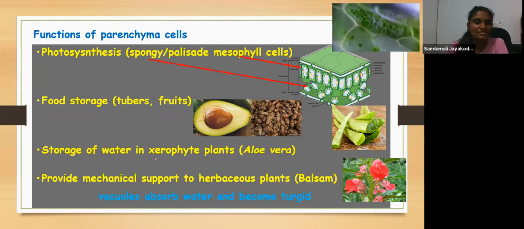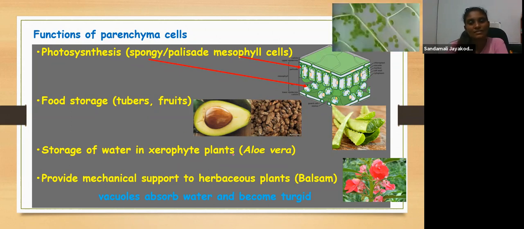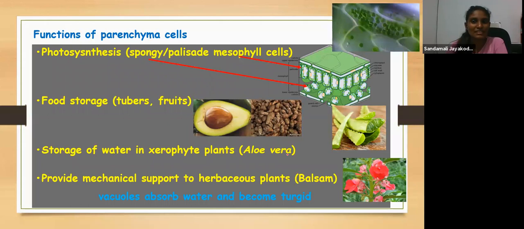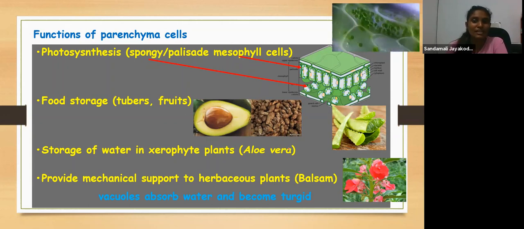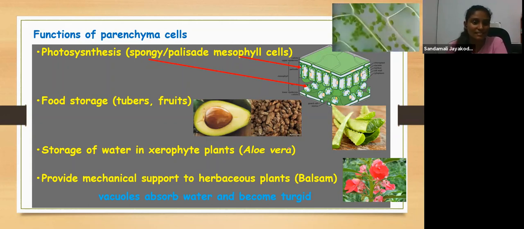So then the next function is the storage of water in xerophytic plants. The most common example we know is aloe vera, because there's a very watery inside in an aloe vera leaf. If we cut it, it has a gel-like thing. This contains mostly water.